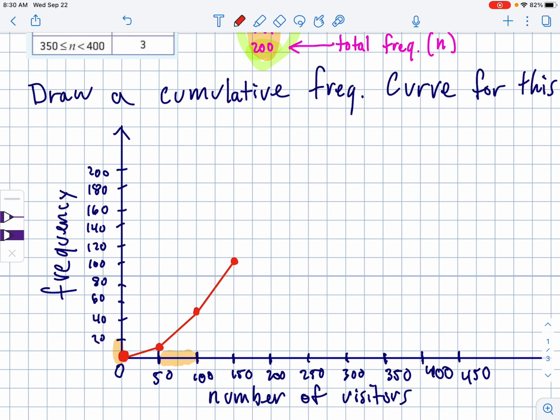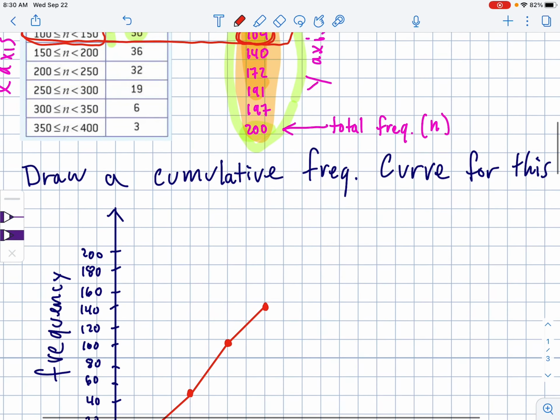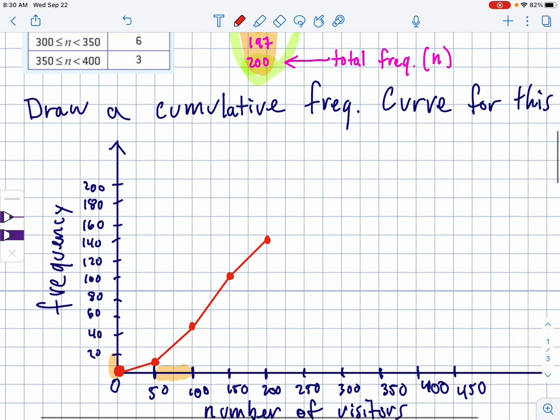Next, we're going to jump up to 140 from 150 to 200. So 140 is about right here. Then 172 from 200 to 250. 172 I'm going to estimate to be about right here.